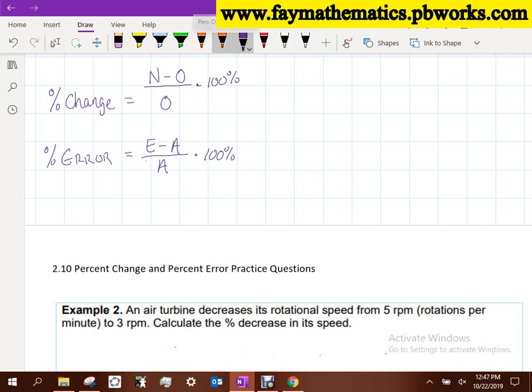Okay, there was the added feature yesterday that we put absolute value around that numerator. Okay, but it just tells us that percent error, you always view it as a positive number, even if you get a negative back. The error is telling you how far off of the actual answer you are, or the correct value, and it doesn't matter to us whether we err on the larger side of the actual answer or if we err on the smaller side of the actual answer.